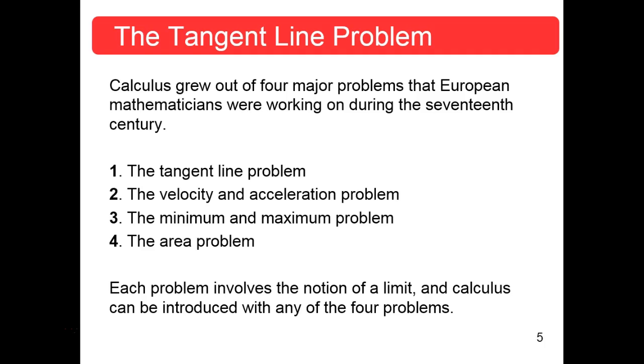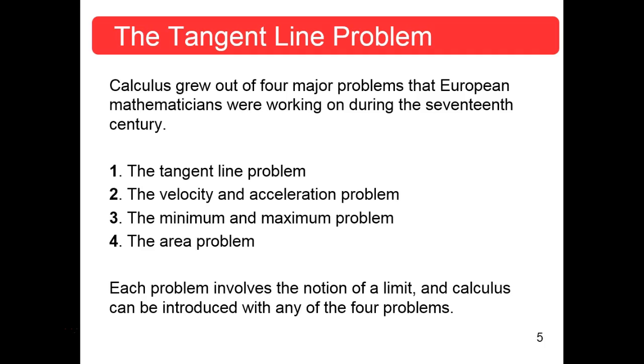Anyway, let's move on. Calculus grew out of four major problems that European mathematicians were working on during the 17th century. One of these was the tangent line problem. Okay? We'll be talking about that mostly in this section. The velocity and acceleration problem, which is sort of the tangent line problem in one sense. Okay? We'll see that too.